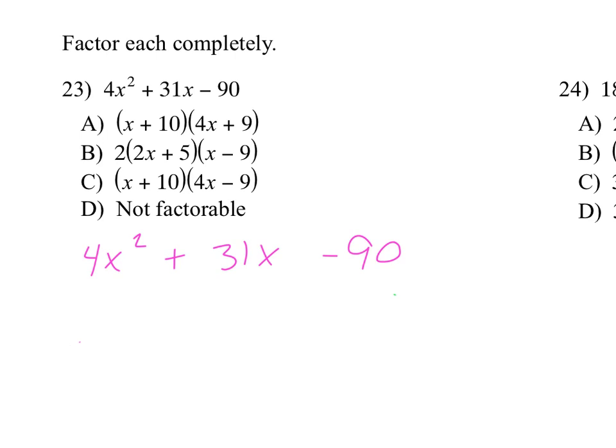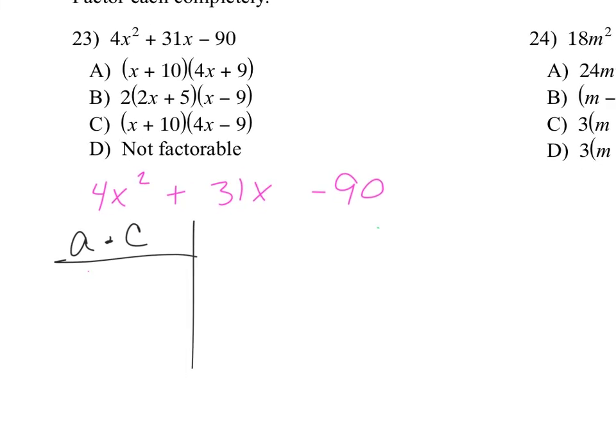So we're going to multiply A times C. So what do you get when you multiply A times C? Give me a second. No problem. Negative 360. Yes.